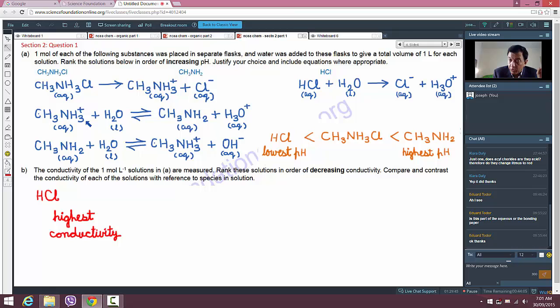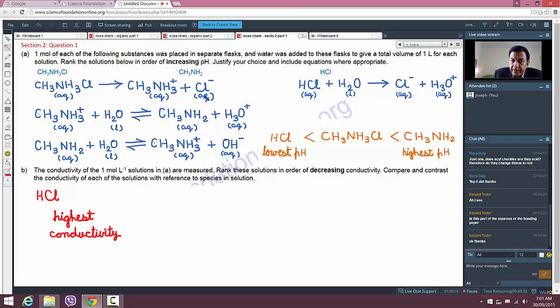It's rather like an ammonium ion. Very few of them react. It's only a weak acid. So most of it will remain as CH3NH3+. So you explain this by saying, because CH3NH3+ is only a weak acid, most of the CH3NH3+ stays as is. That's the first thing.